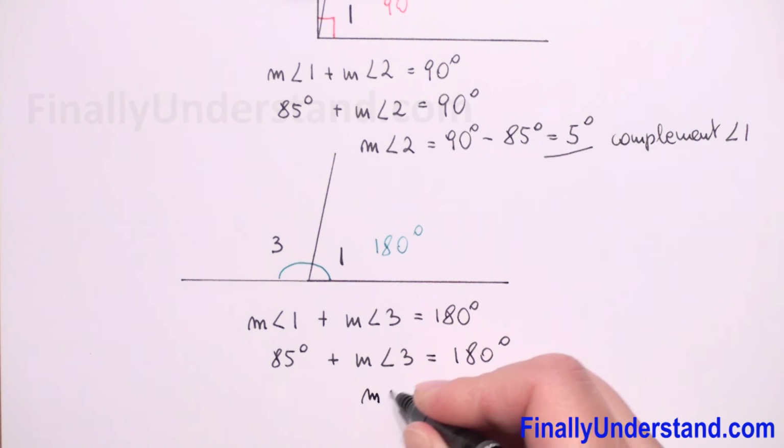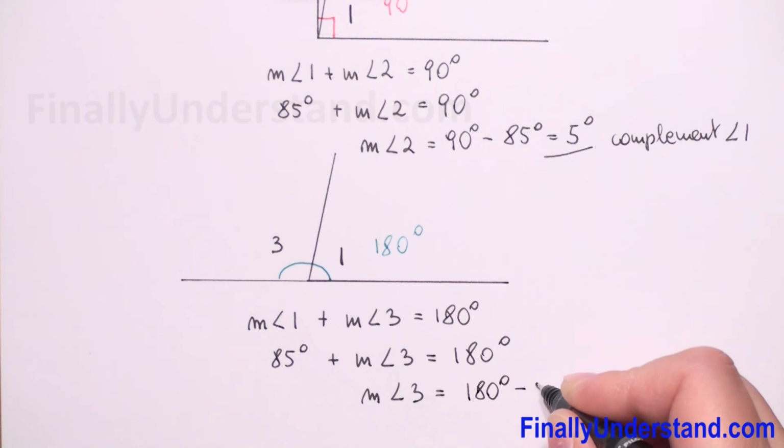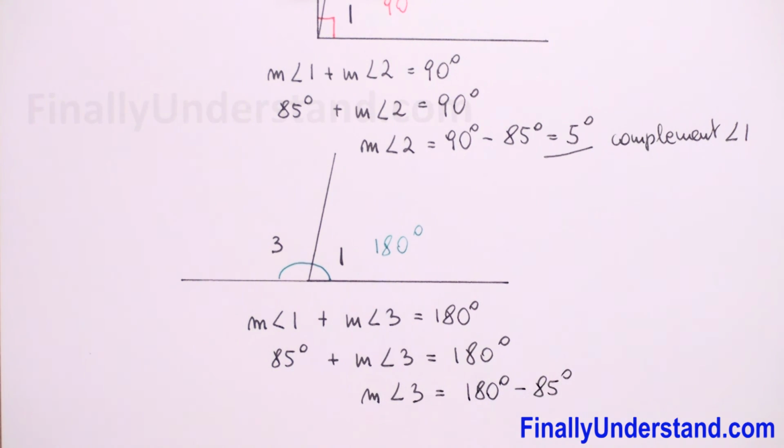So we have the measure of angle 3 is equal to 180 degrees minus 85 degrees. So this is equal to 95 degrees. So this is our supplement of angle 1. This is my solution.